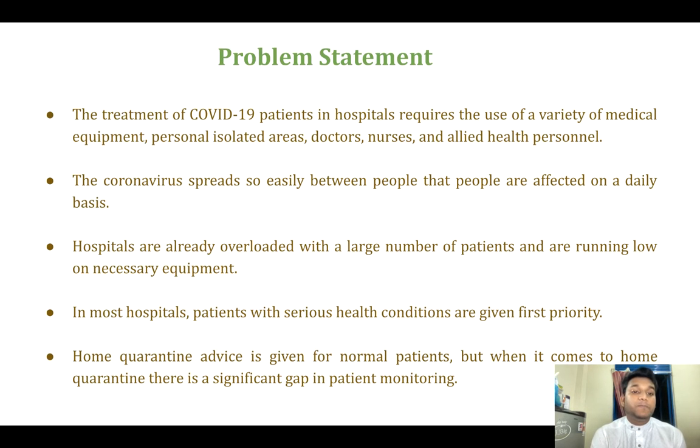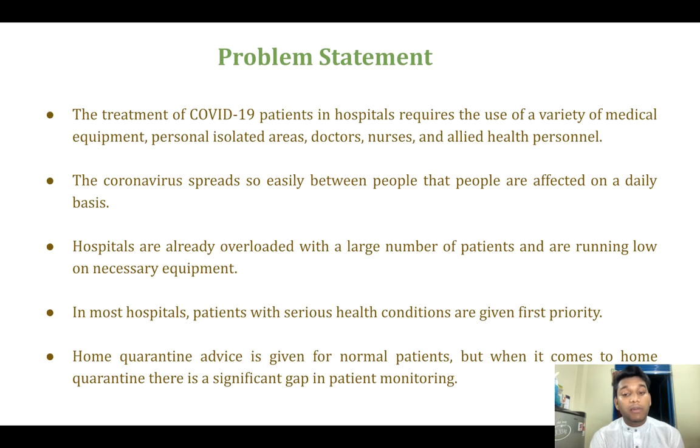Problem statement. The treatment of COVID-19 patients in hospitals requires a variety of medical equipment, isolated areas, doctors, nurses, and allied health personnel. The coronavirus spreads so easily between people that people are affected on a daily basis.